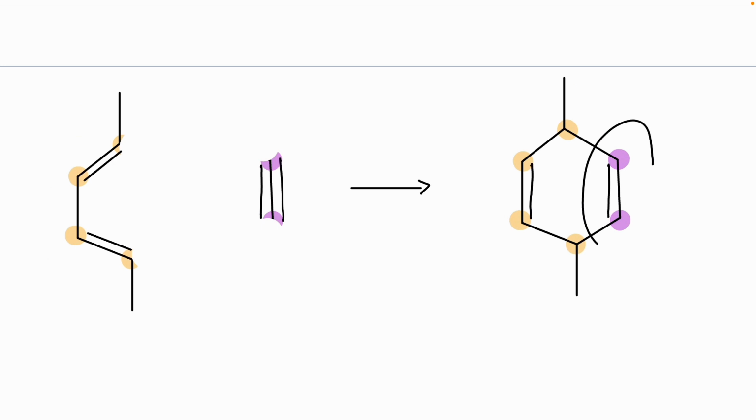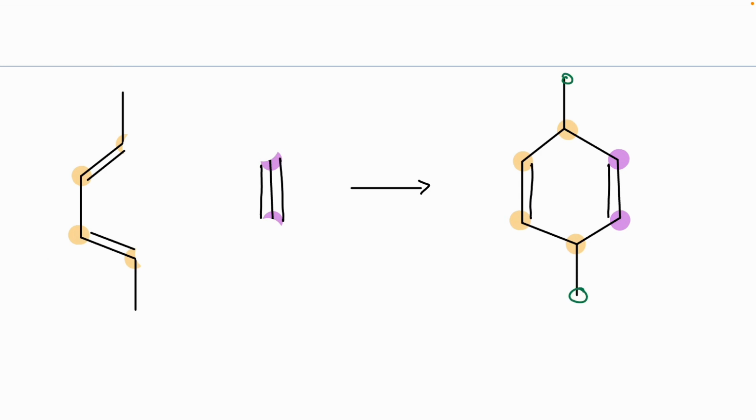If one of them remains in my product here, I must have started out with an alkyne, because in my mechanism, I can see that 1 pi bond, those pair of electrons, are going to be used to form a new sigma bond, right? So these would be my 2 reactants here. My conjugated diene, it's got those 2 methyl groups on there, and my dienophile, in this case, an alkyne.